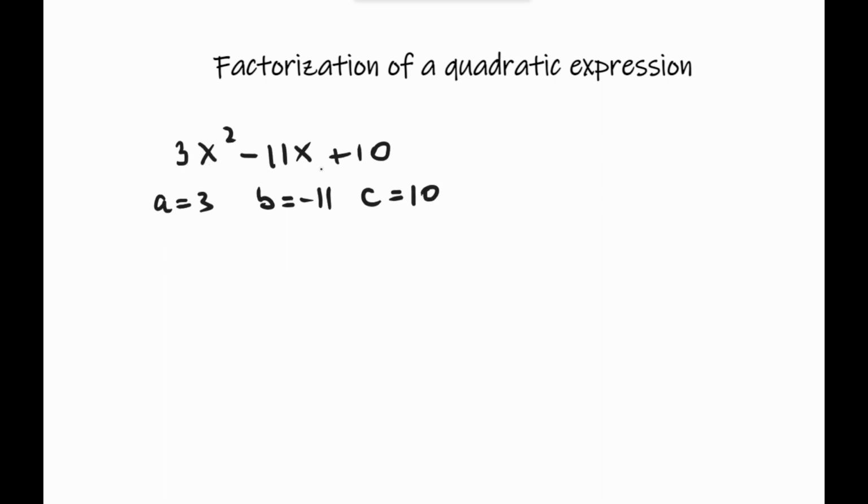The product of A and C is 30, and we will search for m and n numbers for which the product will be 30 and their sum, the B coefficient, minus 11.